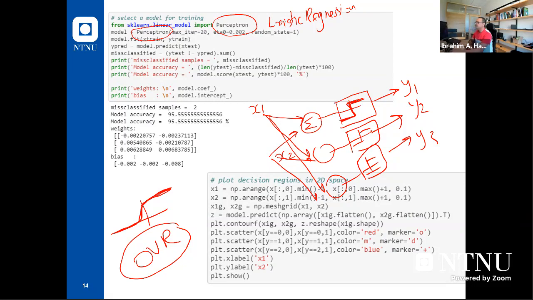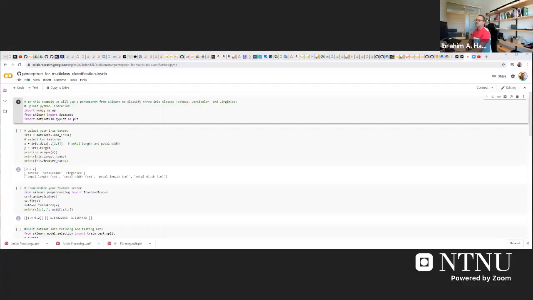Yes, we have one called the perceptron. I will share it with you, and I will share the link with you also. And I will add the link to the slides, maybe. I will run it.